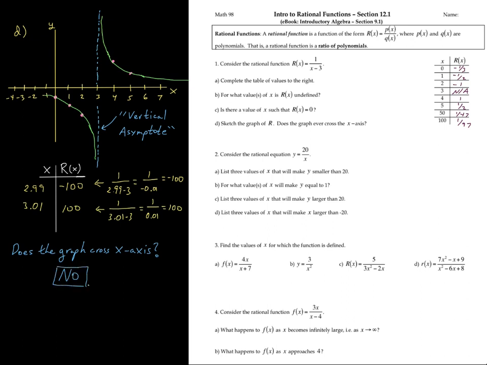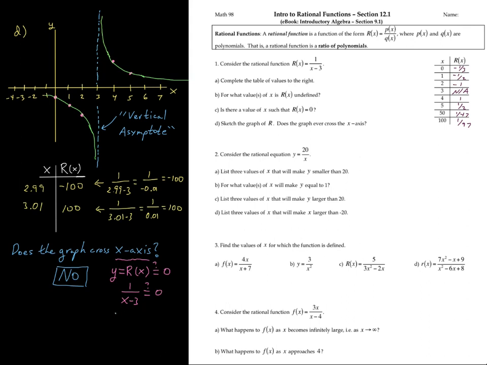Okay, and a reason for that, beyond just playing around with the graph on the calculator, is to say, well, look, if we were at the x-axis, then y, which is equal to r of x, would have to equal 0. And we saw in part C that that really never happens, because that's equivalent to saying that 1 over x minus 3 here would have to equal 0.